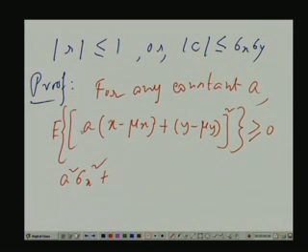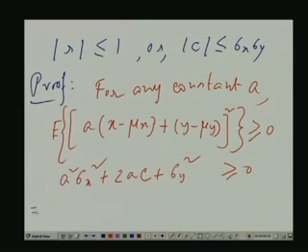Then twice A times the expected value of (x minus mu x)(y minus mu y), the product, which is nothing but the covariance C. And the expected value of (y minus mu y) whole square, which is nothing but sigma y square. This is greater than or equal to 0.